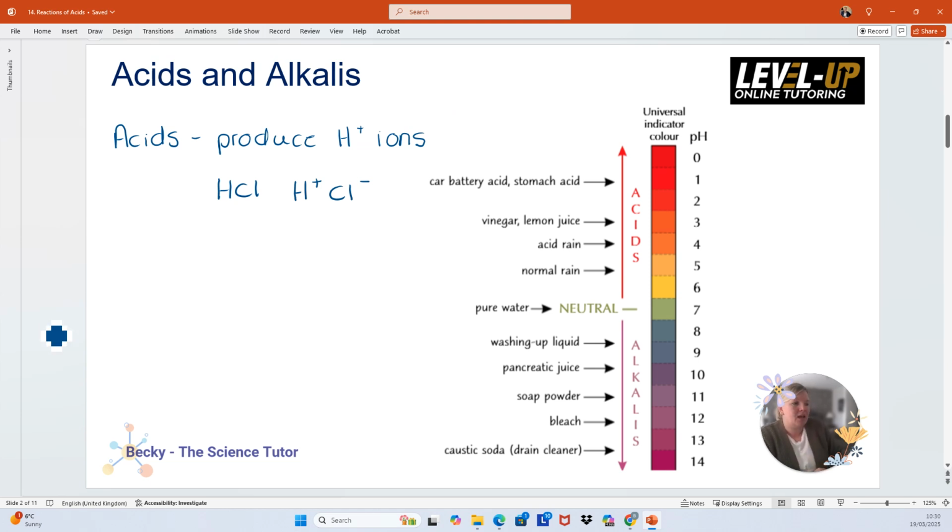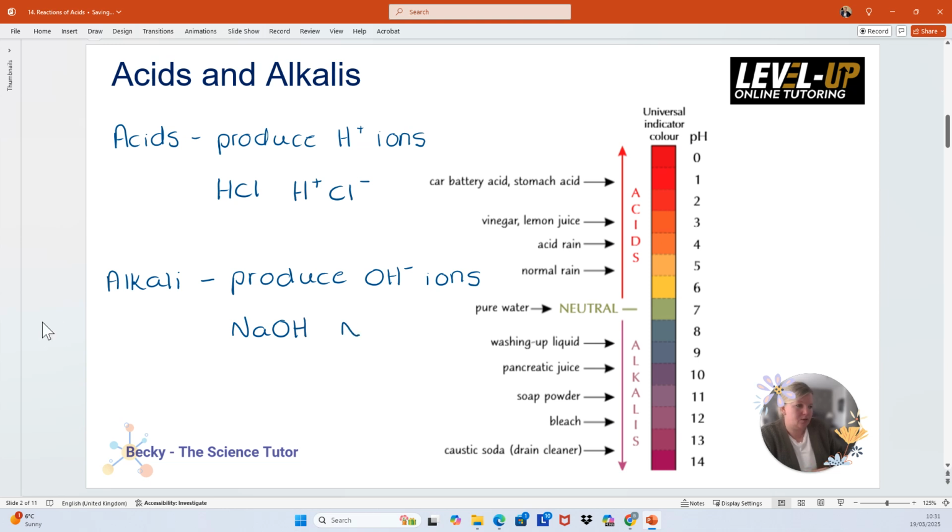Okay. In our alkalis then, the thing that our alkali does is it produces OH- ions. And again, the most common one that you are probably aware of is sodium hydroxide, which is NaOH.